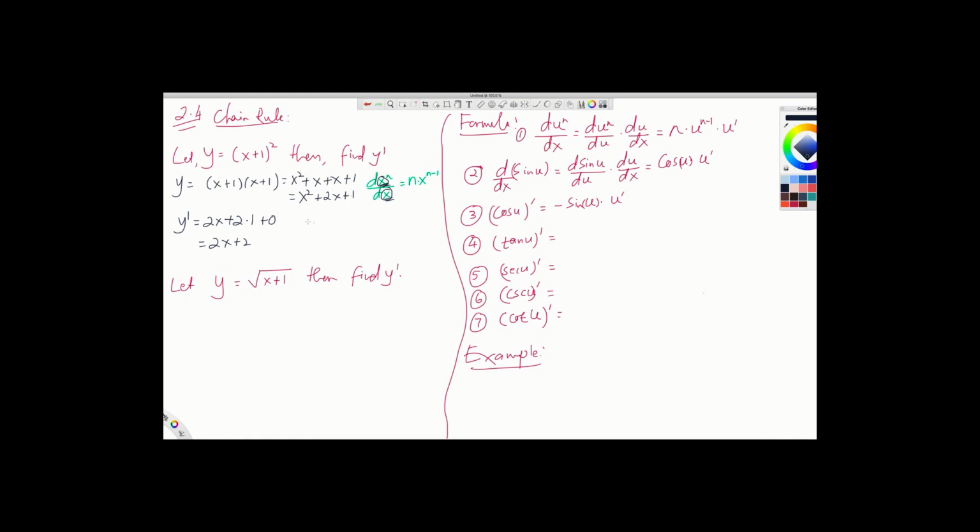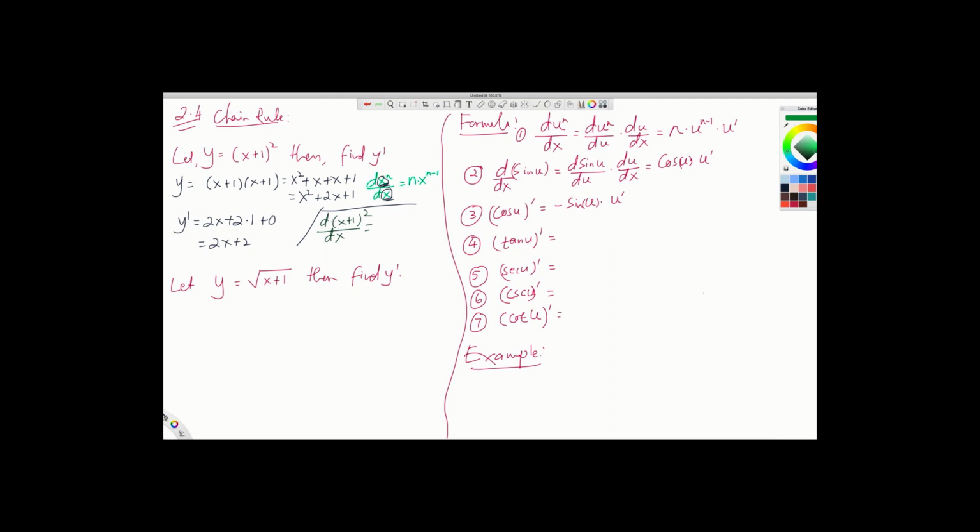For example, look at this case, x plus 1 squared. Let me write it a slightly different way. Suppose you are writing this derivative as d over dx of x plus 1 squared. You cannot use that formula directly. Why not?